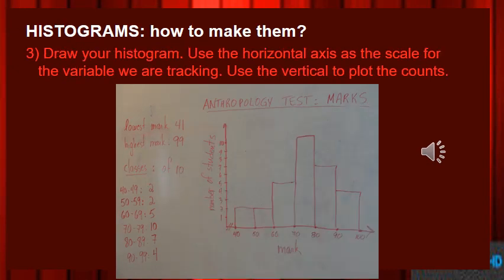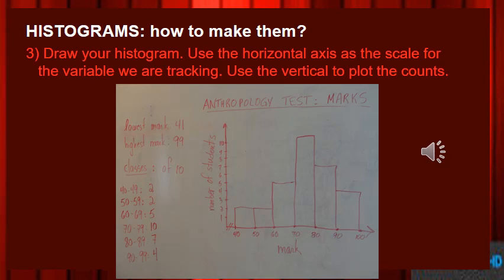And my final step will be to draw my histogram. I start by doing my 2 axes. My vertical axis will represent how many students I have in each class. I see that the class in which I have the most students is between 70 and 79. I have 10 students.